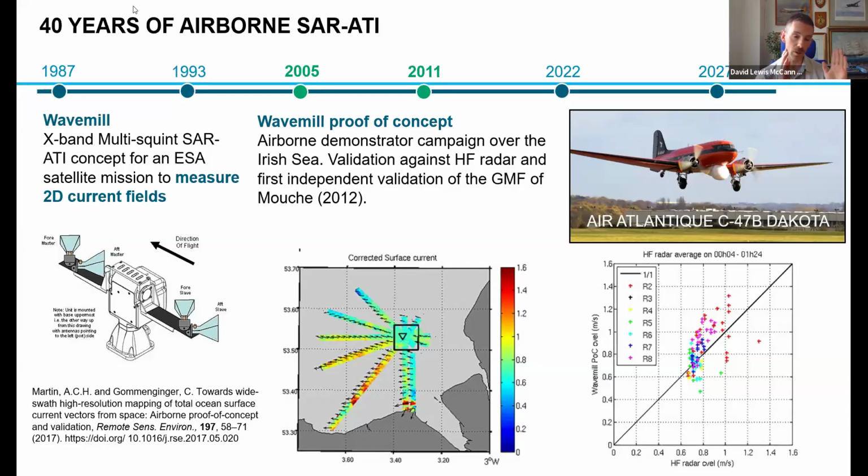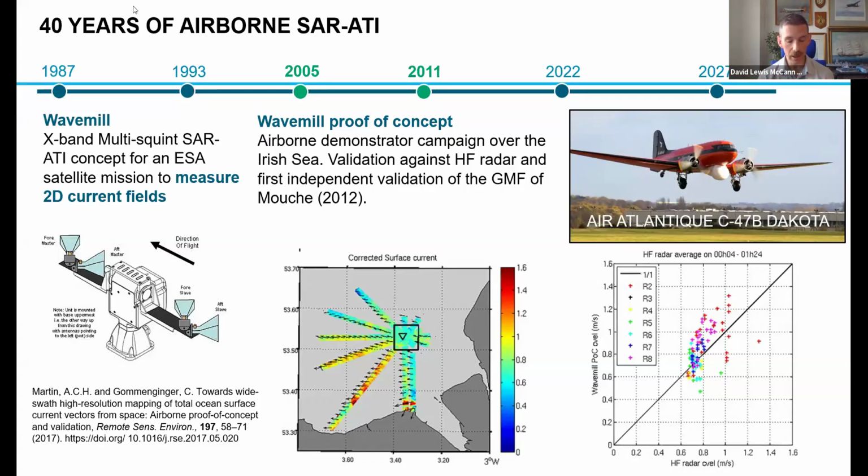So 4 channels with 2 squinted along-track interferometric looks. And these are squinted 45 degrees to the flight direction and 90 degrees from each other to get that orthogonality. And then in 2011, this was turned into a real instrument, the WaveMill proof of concept instrument, and it was flown on a C-47B Dakota over the Liverpool Bay area in the UK.